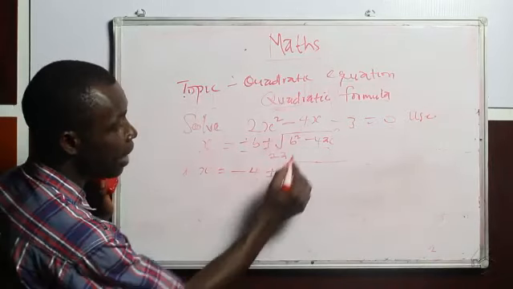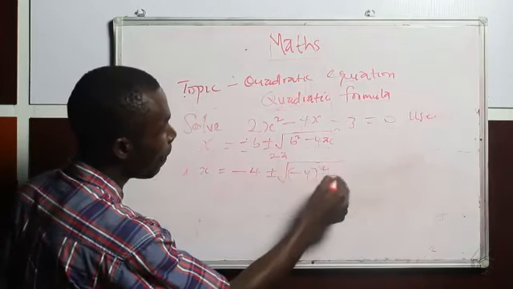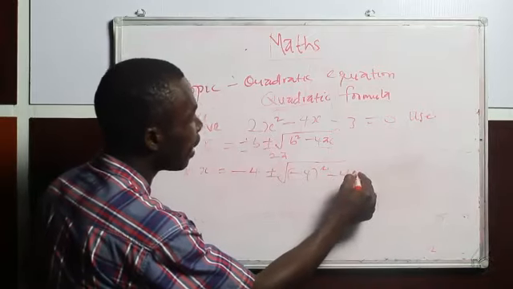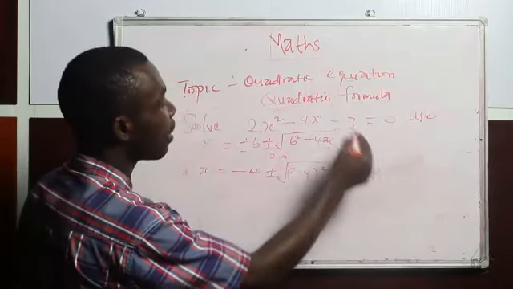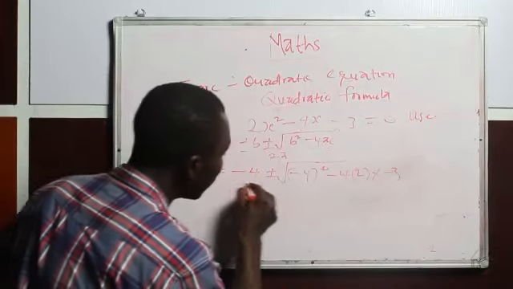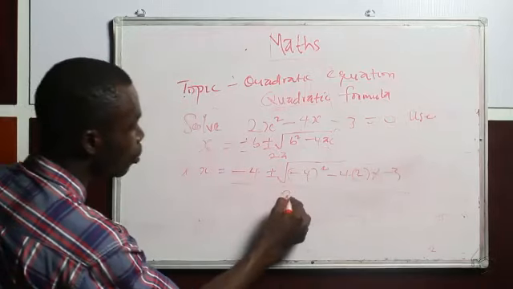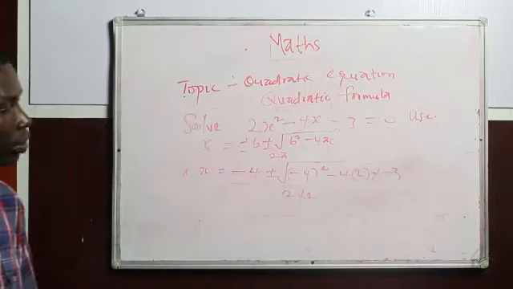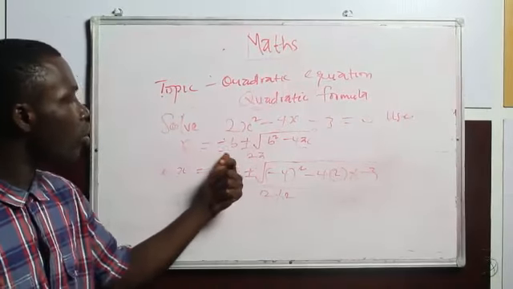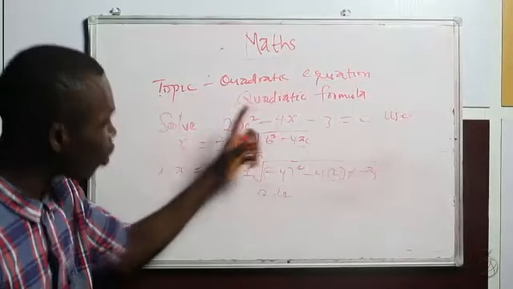Our b is minus 4, so minus 4 all squared, minus 4 times a, which is 2, times c, which is minus 3, over 2 times a, which is 2 times 2.